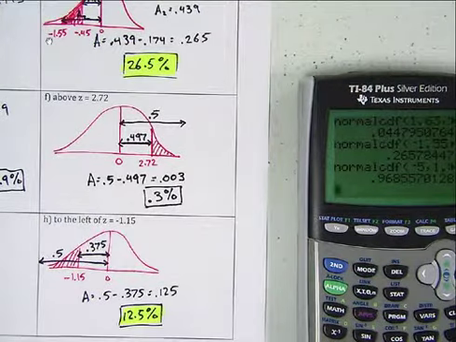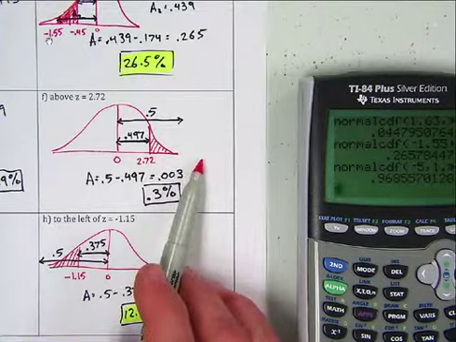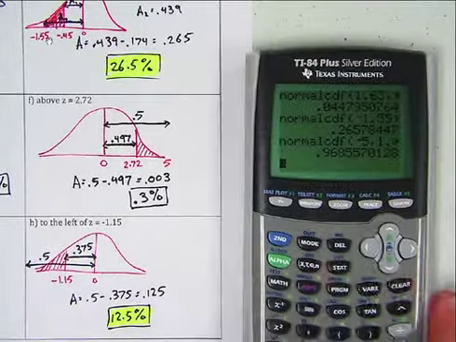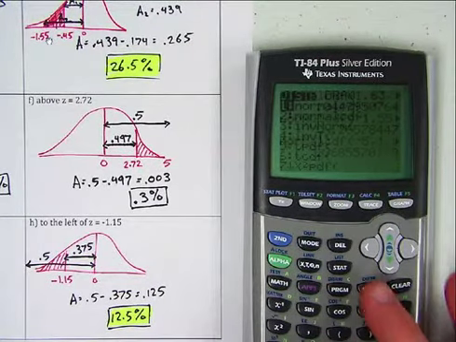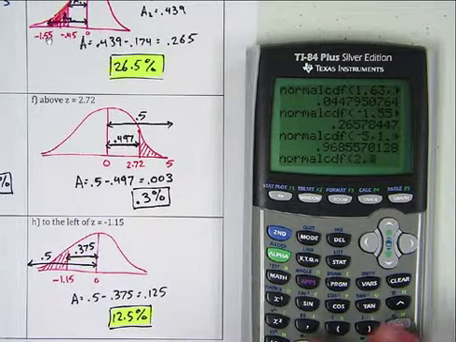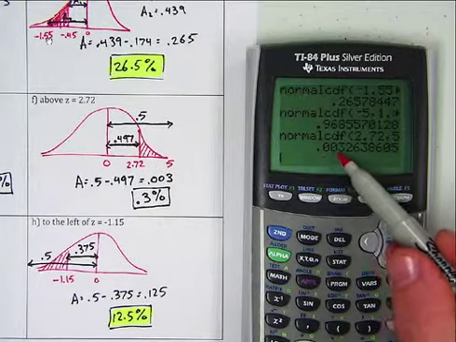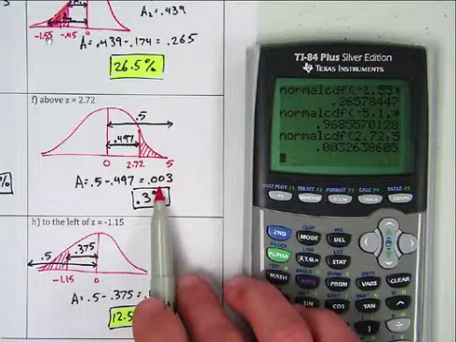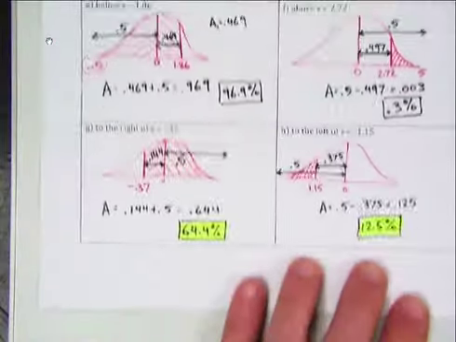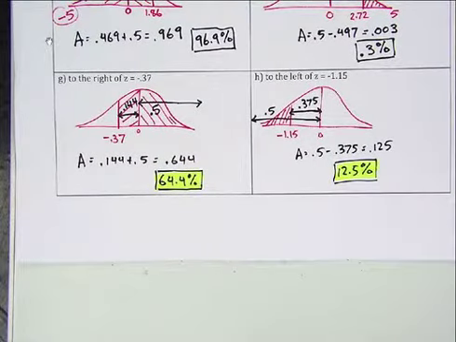So in this example right here, we're going to go between 2.72 and something way far to the right. We can just use 5, and that's going to be far enough. So second DISTR, normal CDF, 2.72, comma 5. You can see 0.003. Go ahead and try the next two on your own and verify that this works here.